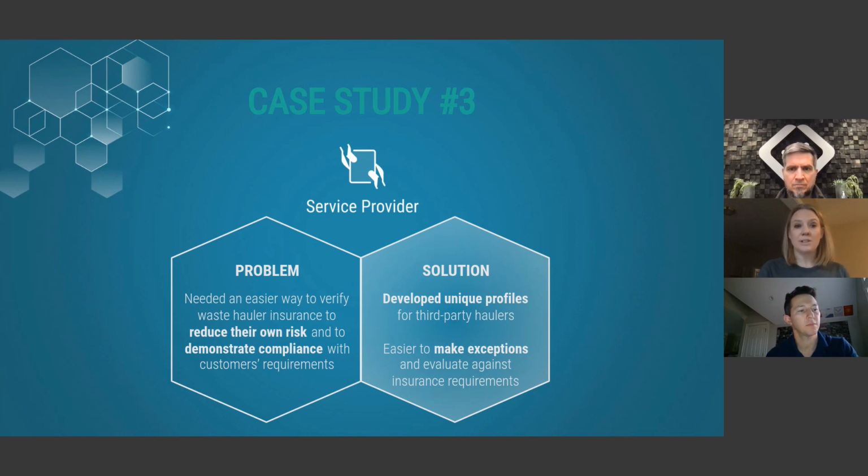So, if you think about this, they had to not only reduce their own risk, but they were needing to make sure that they were reducing the risk of their additional customers.